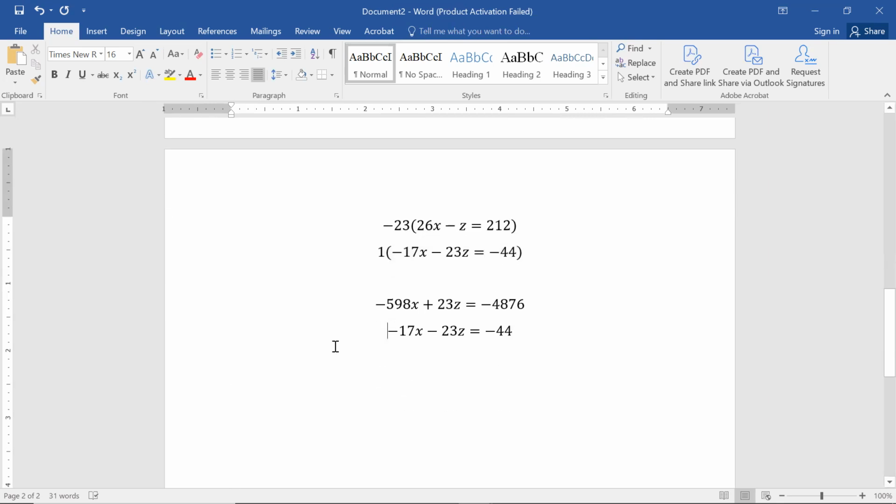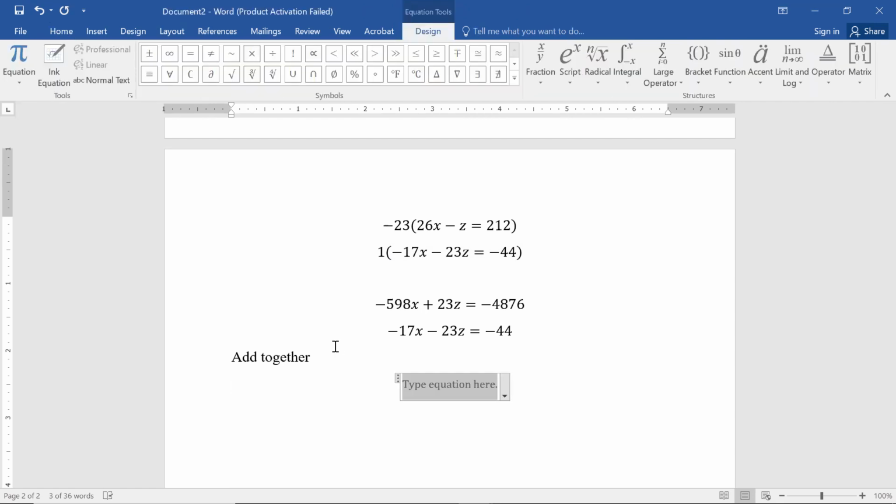Add those two together. Let me write that down. -598 minus 17 becomes a -615x. The z's are canceled out.